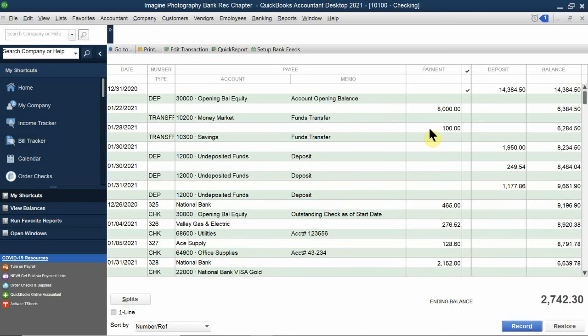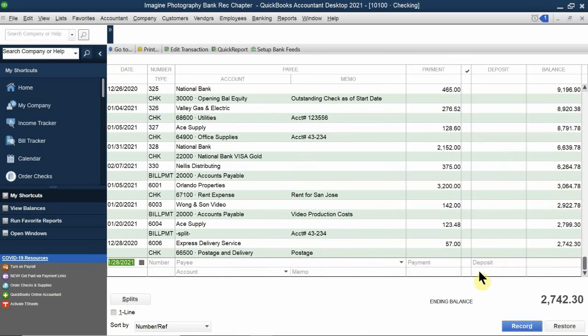So again, pretty straightforward, and that's what shows up on your checking account. So checking register, check register, whatever you want to call it. This gives you the exact layout of what happened. So I transferred money from my checking to my savings, and it took out $100.